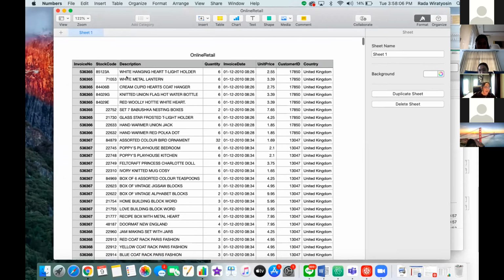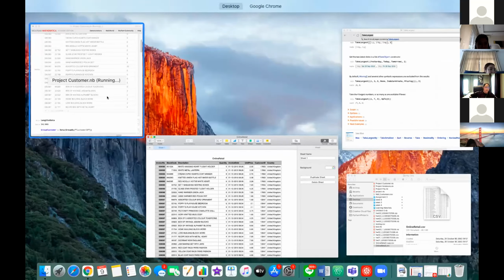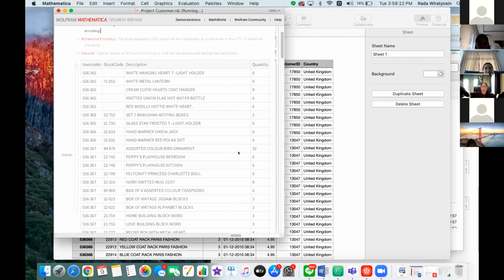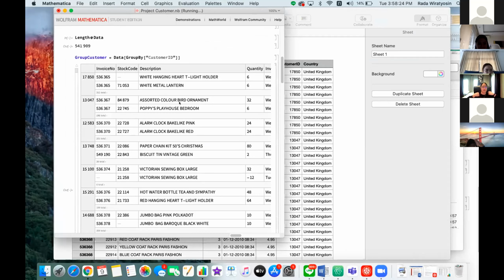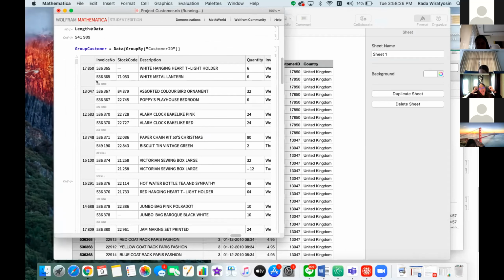There's data on the description of what they buy, the items, the quantity, the invoice date, and the unit price. Each customer also has their own ID. What I did was first import the data, then group the customers to see how many transactions each of them made.